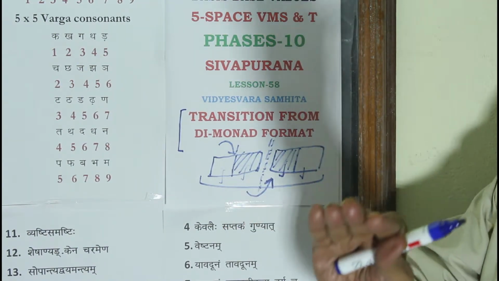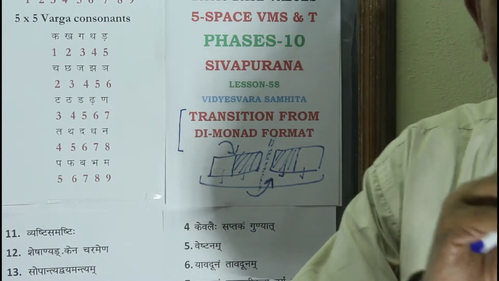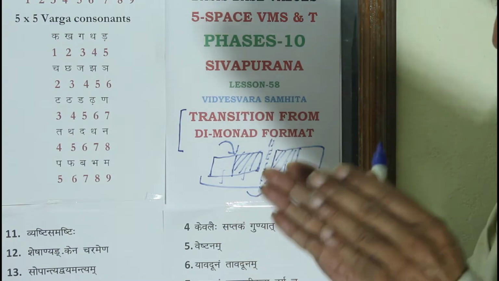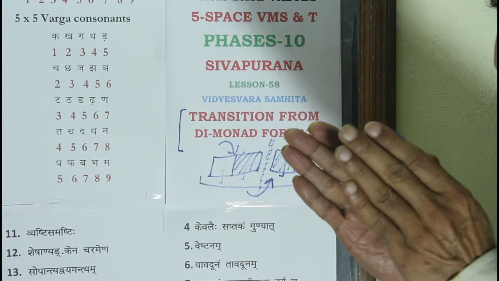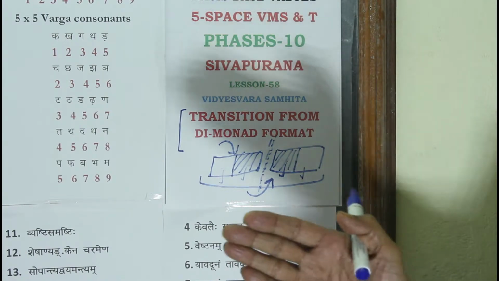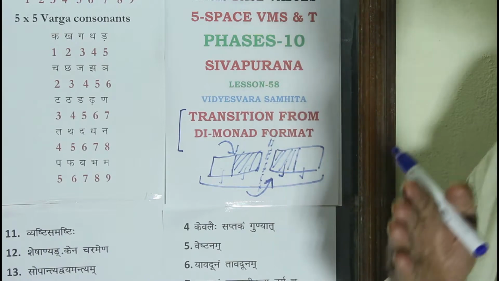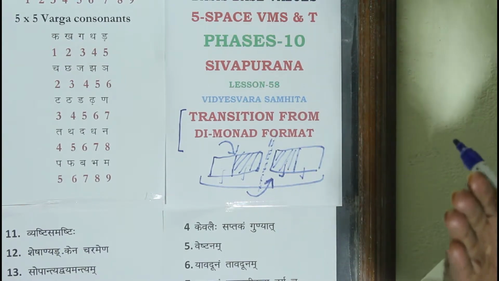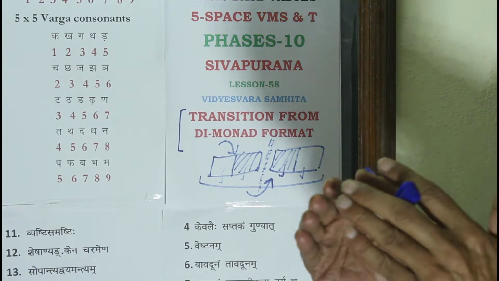Let us sit comfortably. Let us sequentially chase this phenomenon of transition from the dimonad format to a trimonad format as a shift from the spatial order 2 space in the role of dimension to 3 space in the role of a dimension.